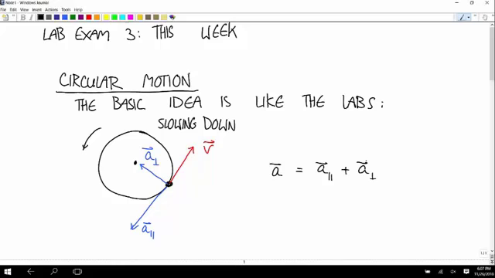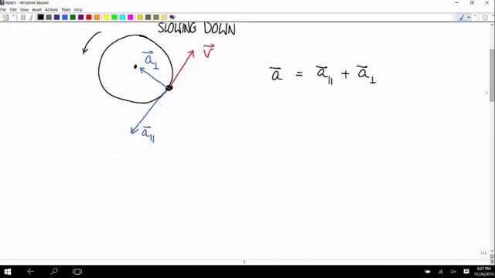So now I'm going to give you a list of the three things really that are new with circular motion, with the calculations that we're going to do in class. So there are only three new things. And two of those three things are just new names.